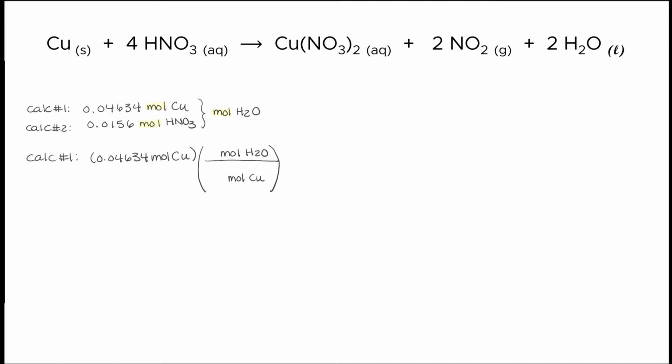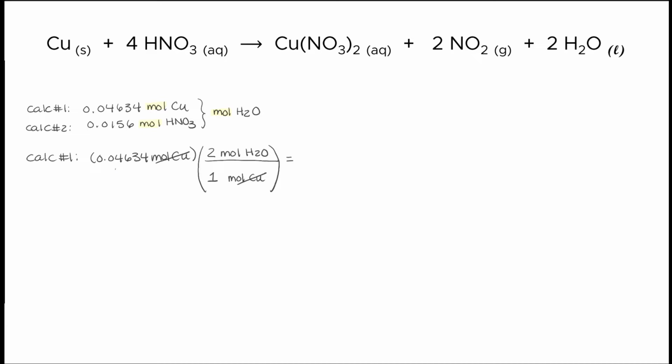Grabbing the balancing coefficients to incorporate into our stoich step, we have 2 moles of water and 1 mole of copper. We'll cancel our units, moles of copper, and then check our sig figs.